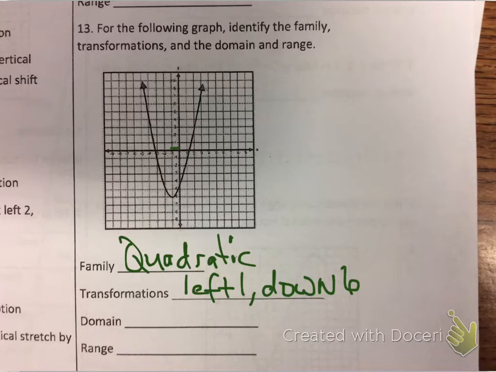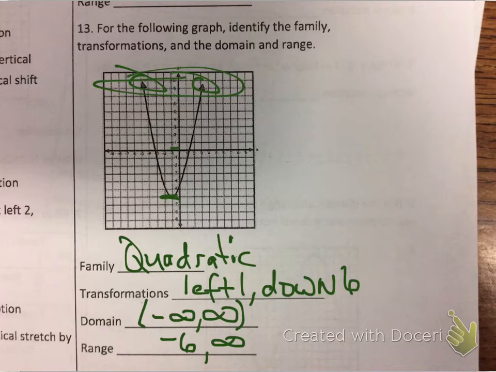The domain here, again, you look at the left and the right, you've got arrows on the ends, so that would be negative infinity to positive infinity. The range has a bottom here, negative 6, but it's going to go up. You can see at the top you've got up arrows, so that's going to infinity. Again, brackets with that. So that's pretty much what we should be looking at.